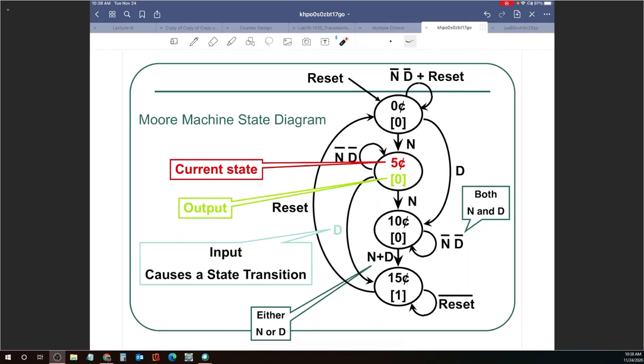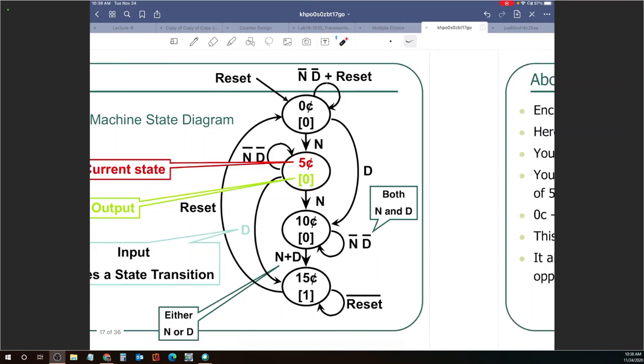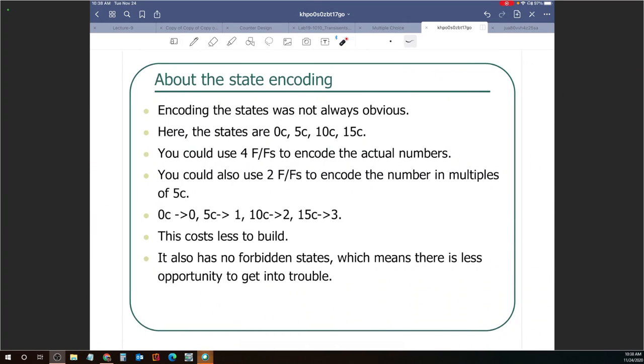All right. Now let's talk about state encoding. The basic idea is, because we have states S0, S1, S2, S3, we could encode them in various ways.